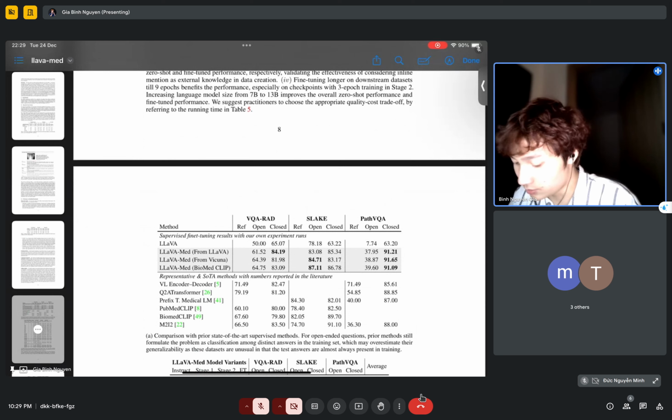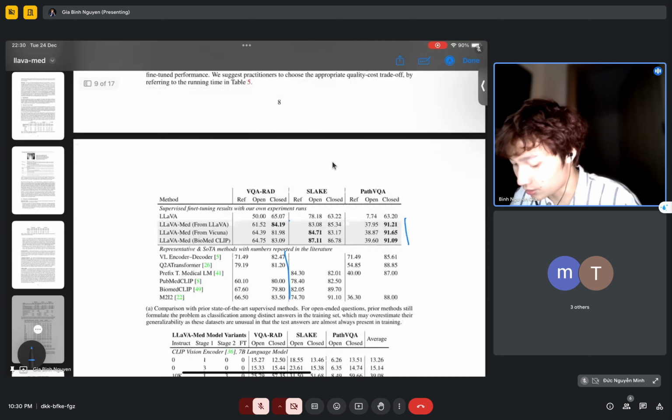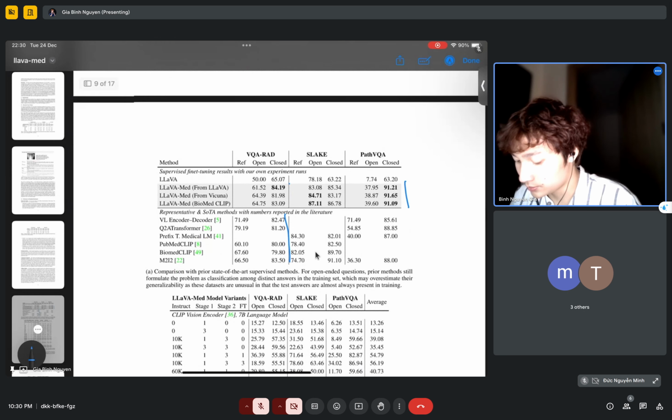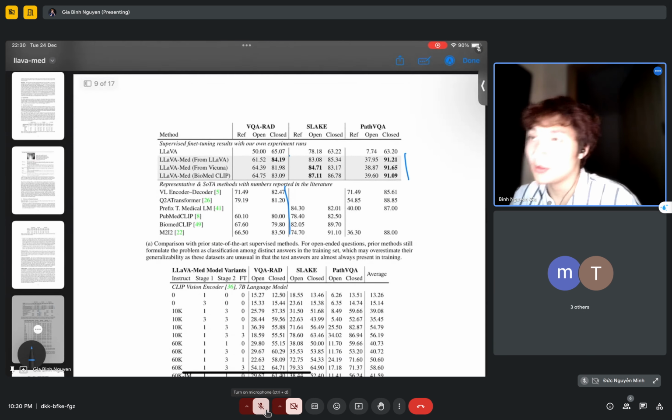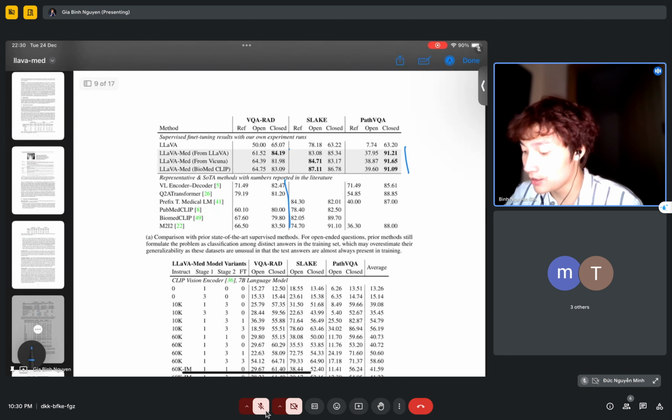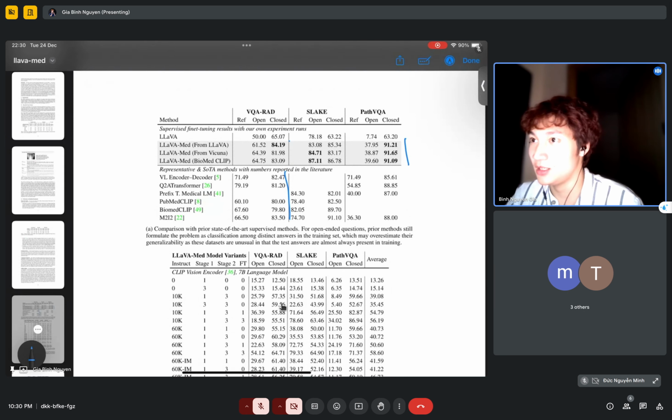It outperforms all the models here in VQA-Slake also, and in PathVQA it also outperforms other models. I think the most important reason LLaVA-Med outperforms other models is not the architecture, because it inherits 100% from the original LLaVA.